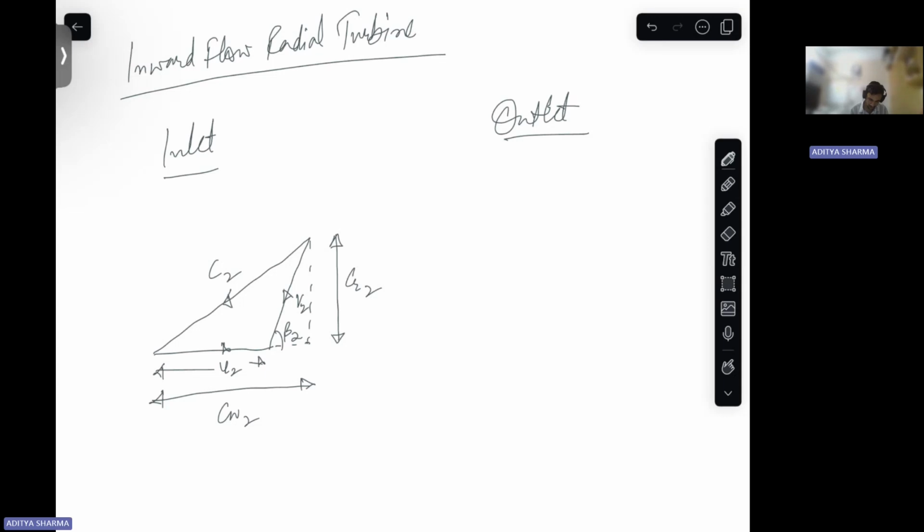At outlet you have this. So this is V3, C3, CR3.